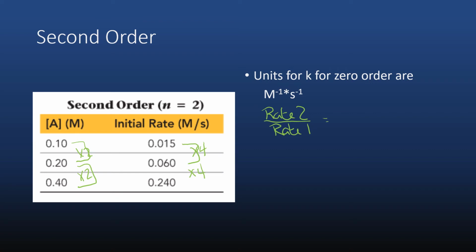And our rate is equal to k times the concentration to the nth power. This is for the second concentration, and this is for the first concentration. And so we're going to look at these two here.